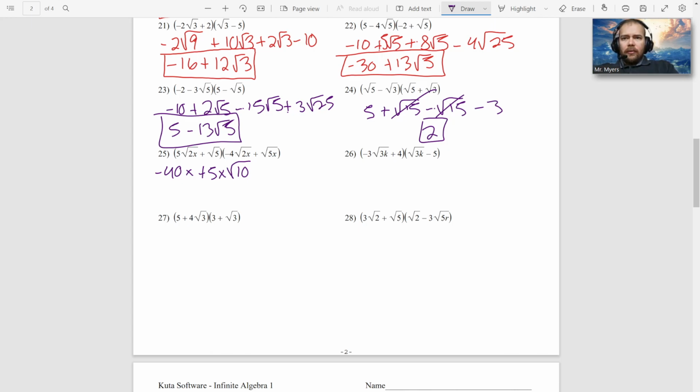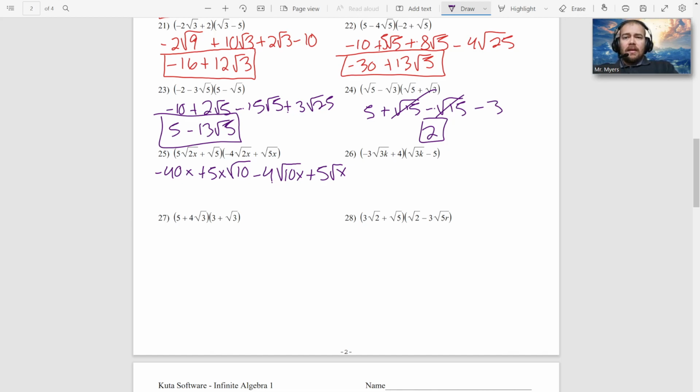Nothing simplifies there, so that's just minus 4 root 10x. Notice that's different than having the x on the outside, so those are not like terms. And then on the last thing here, that's a root 5, so that's a 5 root x. And we're actually done. Nothing is a like term here.